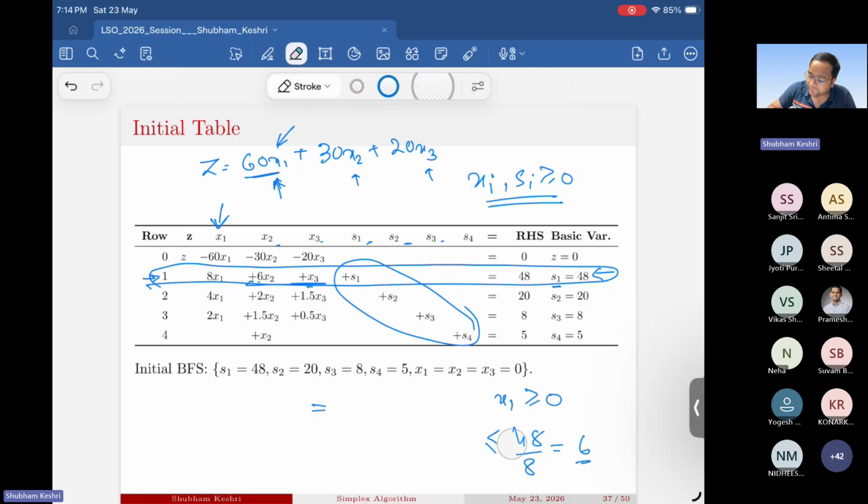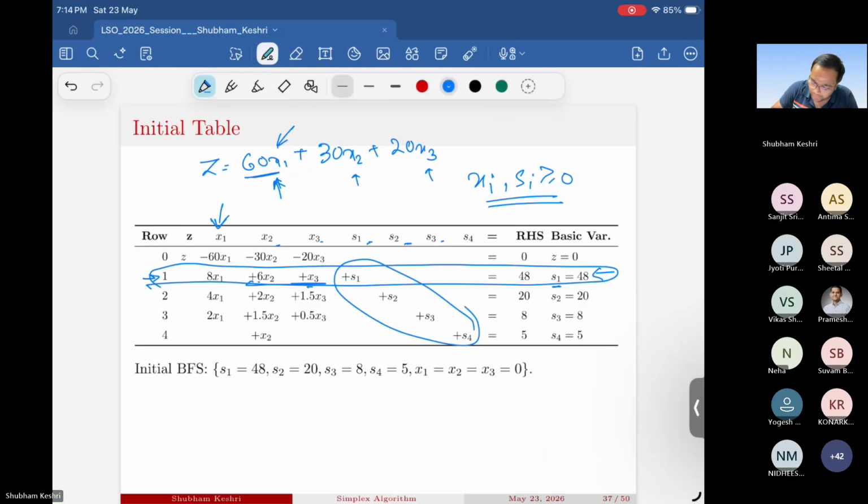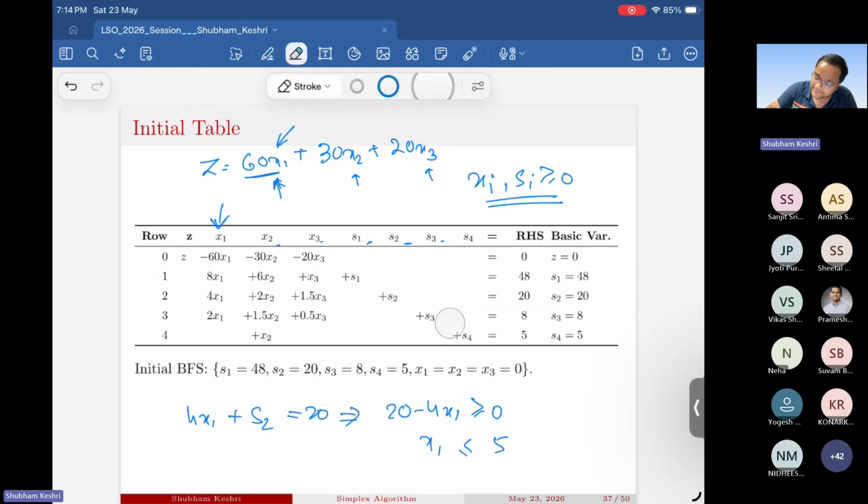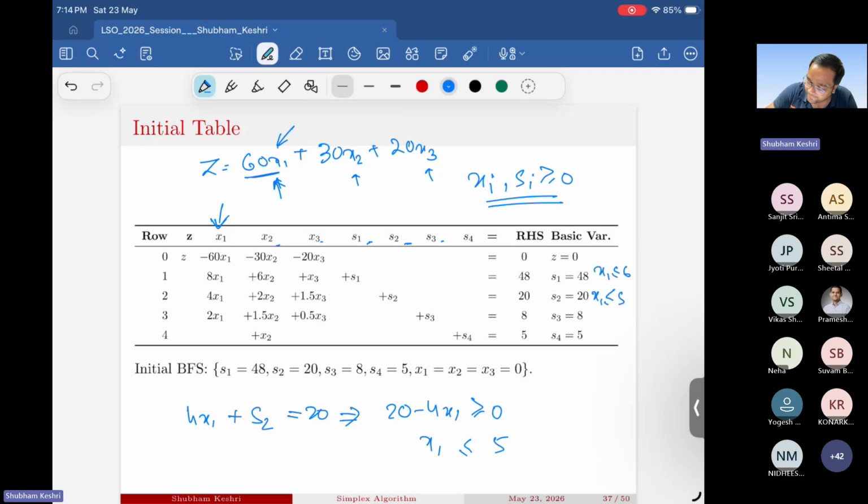You do the similar thing for the second equation. 4x1 plus s2 equals 20. So 20 minus 4x1 has to be greater than or equal to 0, that is, x1 is less than or equal to 5. So for the first equation, x1 has to be less than or equal to 6. For the second equation, x1 has to be less than or equal to 5.